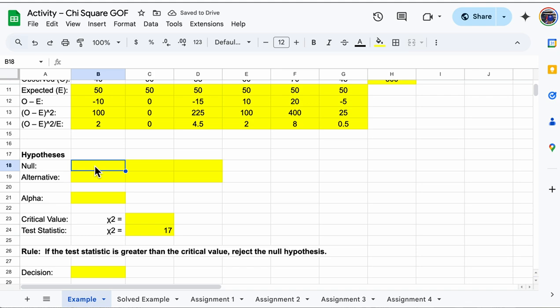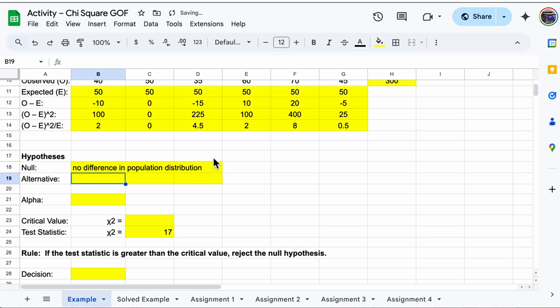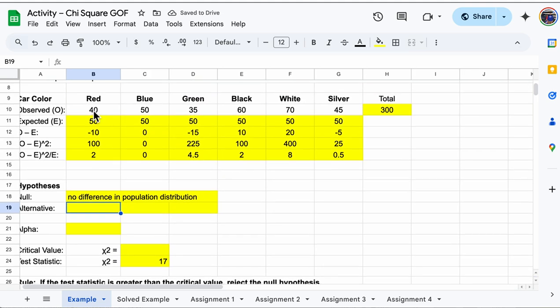Now the null hypothesis, we assume as a default that there's no difference in the population distribution. Meaning that reds get pulled over the same amount of times as the blues and the greens, the blacks.